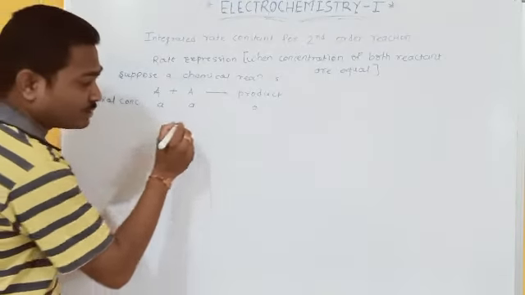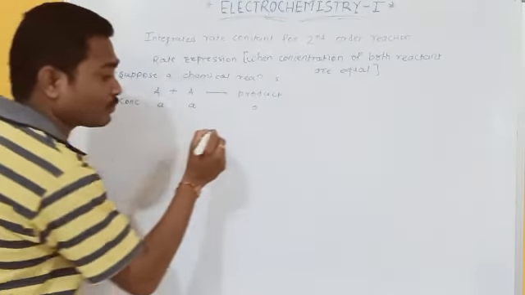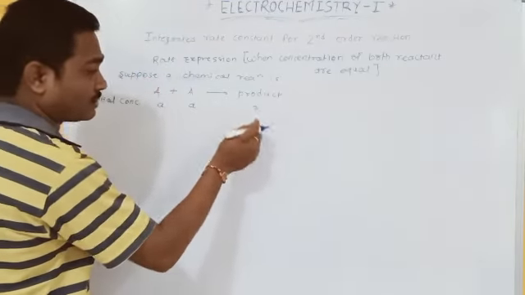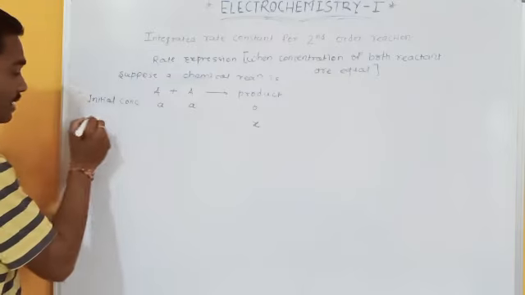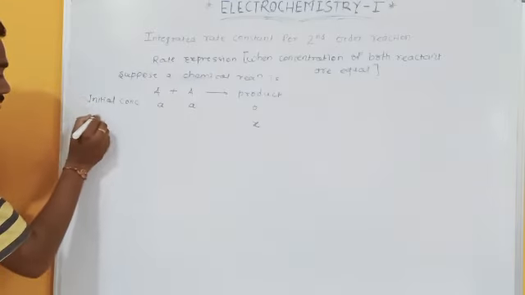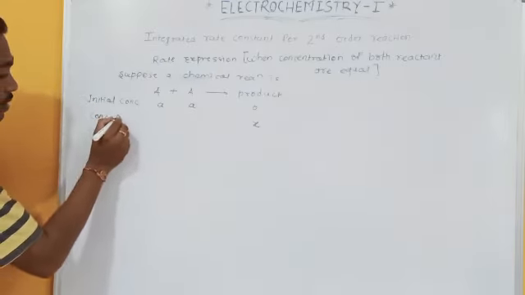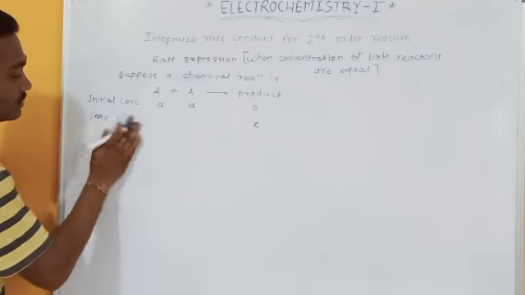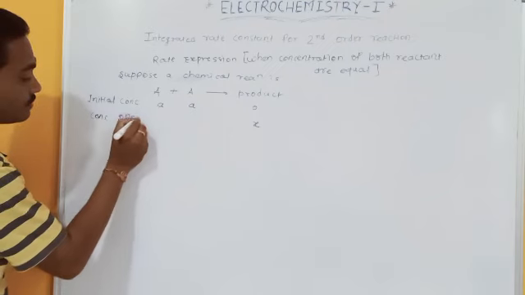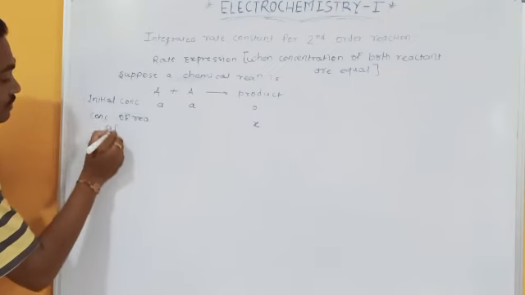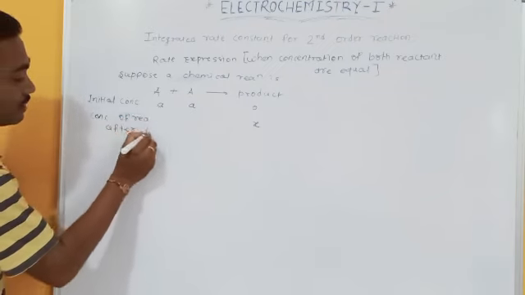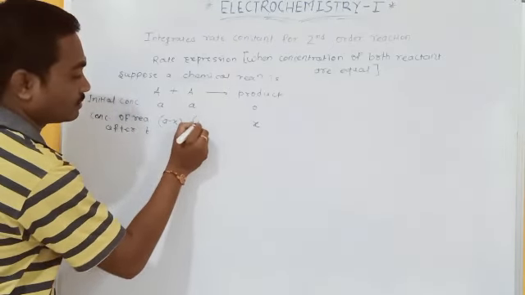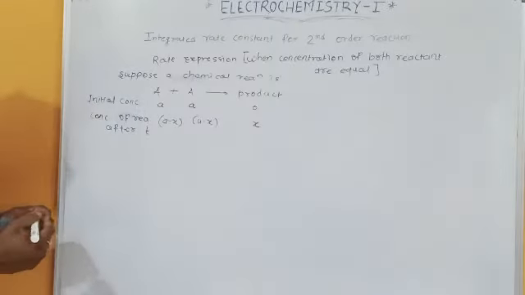Let x moles of reactant be converted into product. Then the concentration of reactant after time t is a minus x, and this is also a minus x.